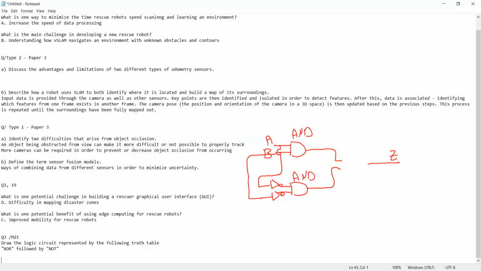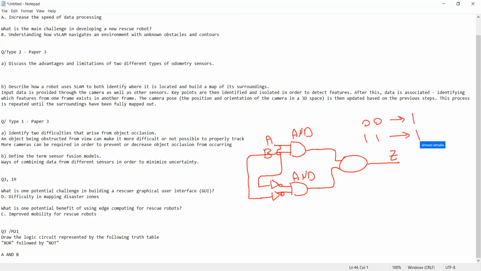Okay, so I would say if you have different outputs that you want to represent, now you have two zeros that produce one and two ones that produce one.